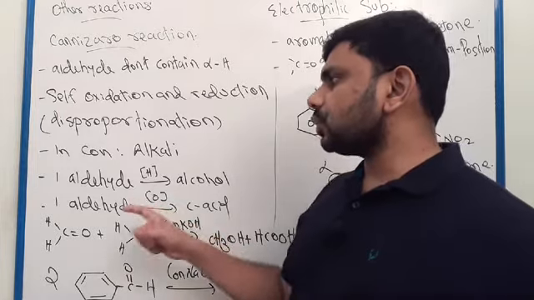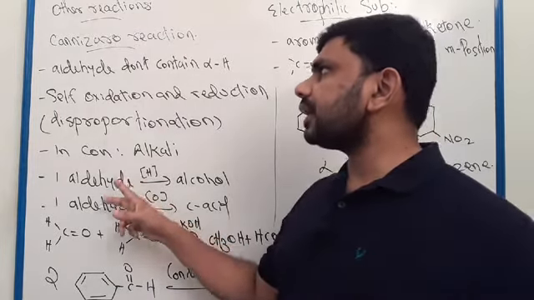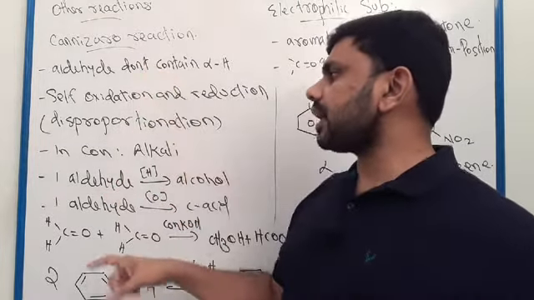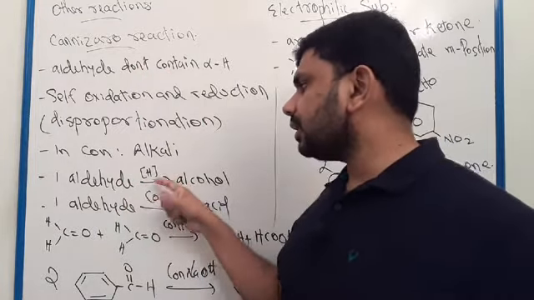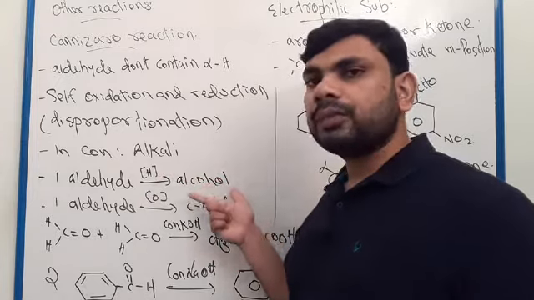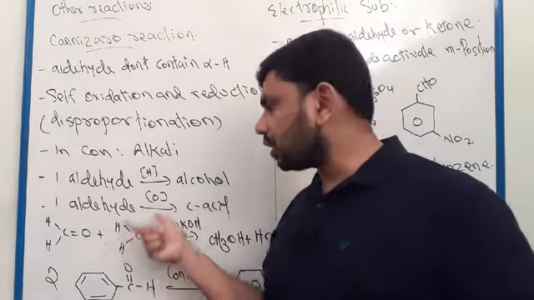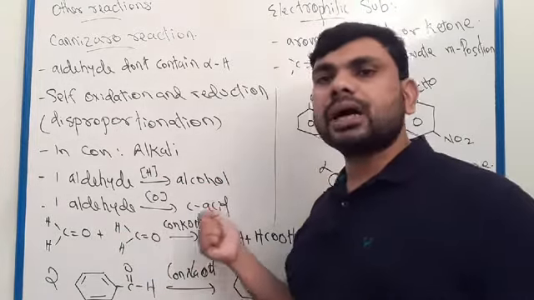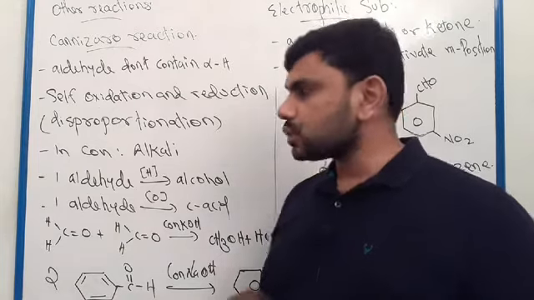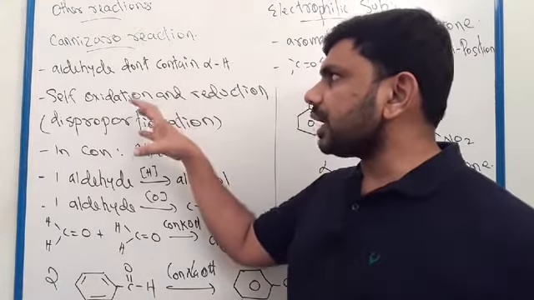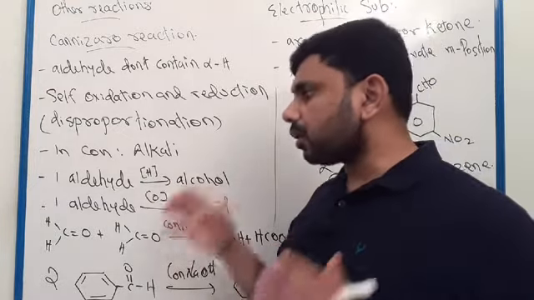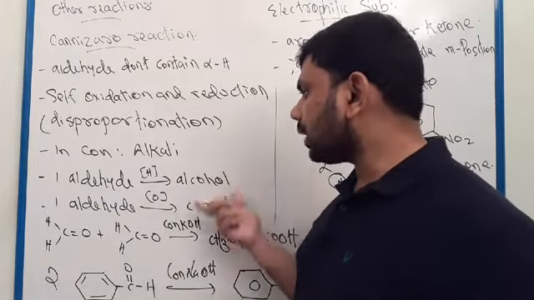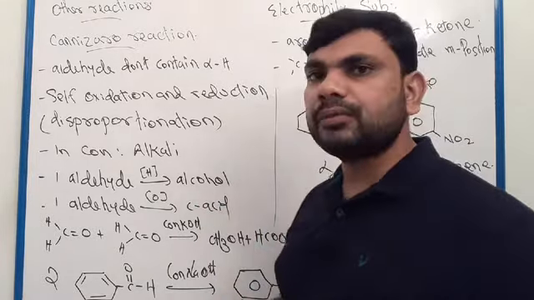So here I told you two molecules of aldehyde are involved in this chemical reaction. One aldehyde molecule after reduction becomes a primary alcohol. Another aldehyde after oxidation becomes a carboxylic acid. So in the same chemical reaction both oxidation and reduction take place, and one alcohol and one carboxylic acid are formed.